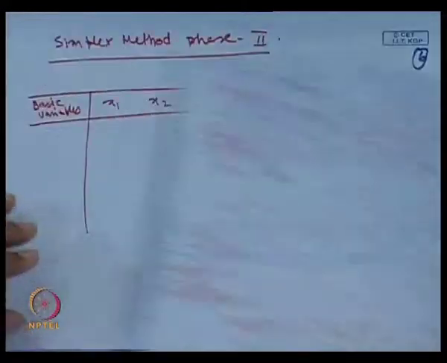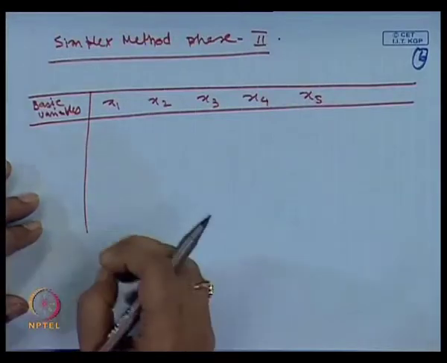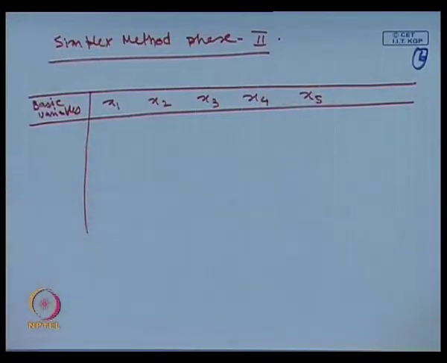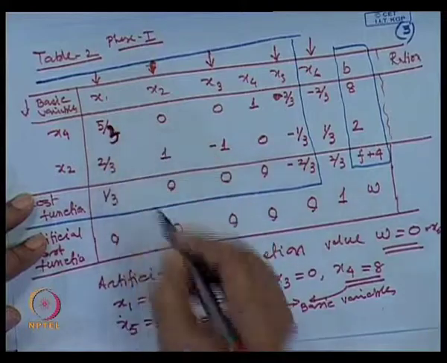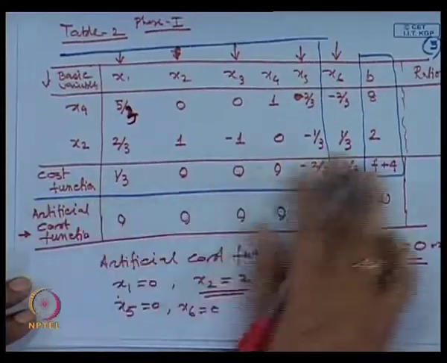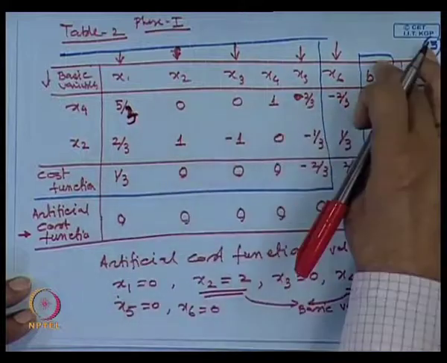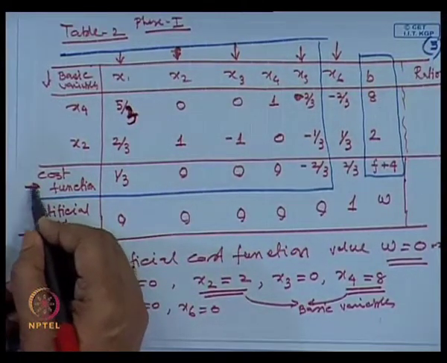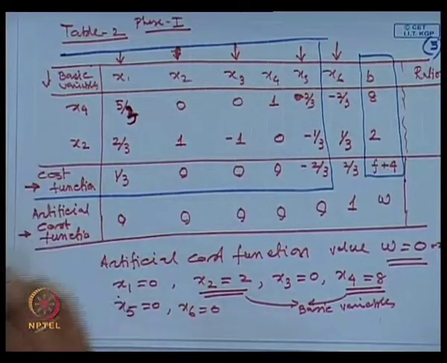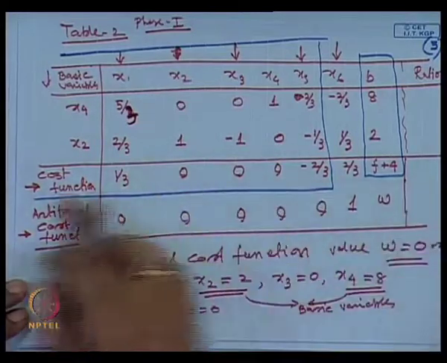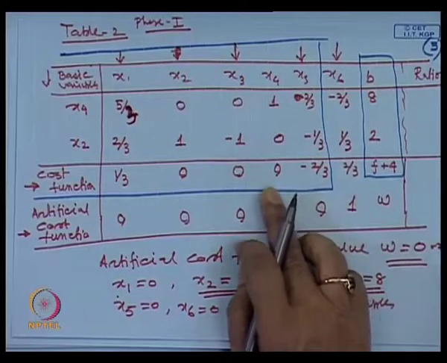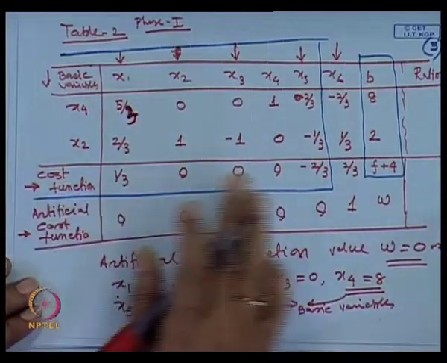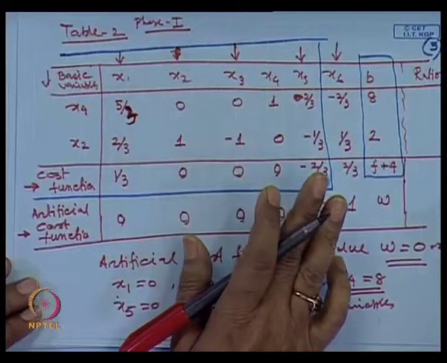Agree? Now we are considering this table, and we have to optimize this component. Now, this cost coefficient, you see whether we will be able to further minimize the cost function value or not, that we have to see.